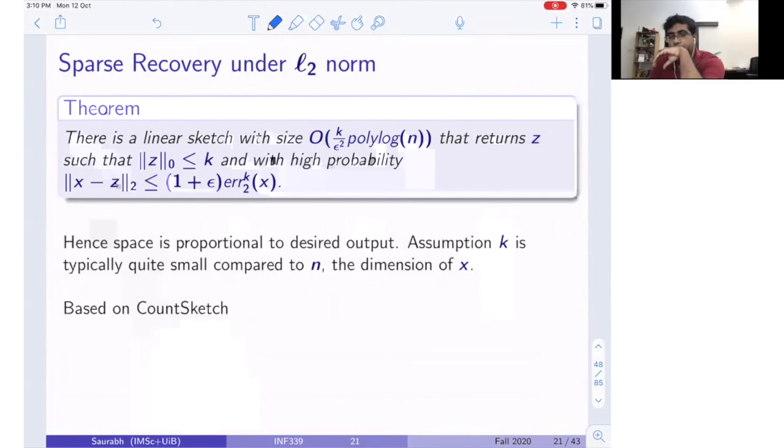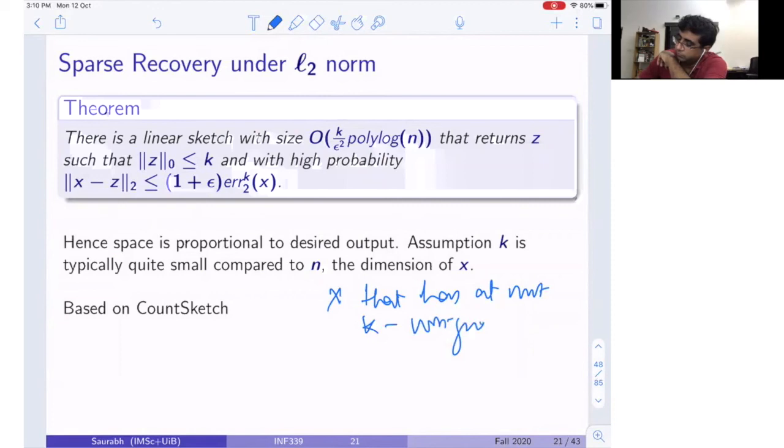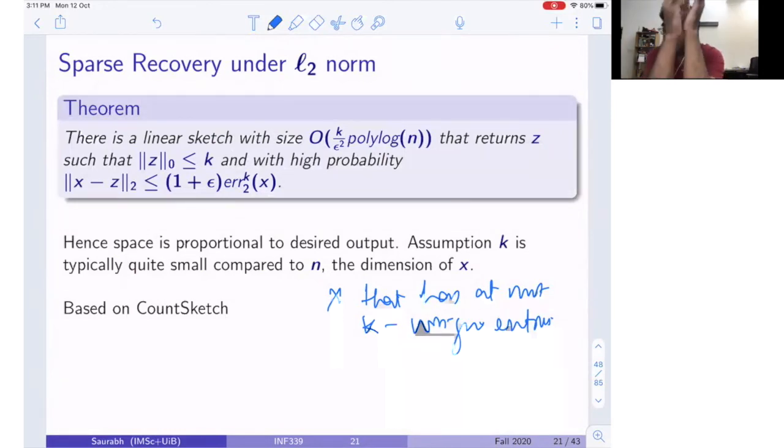So notice, what is it supposed to return if I started with x that has at most k non-zero entries? What happens when x has at most k non-zero entries?